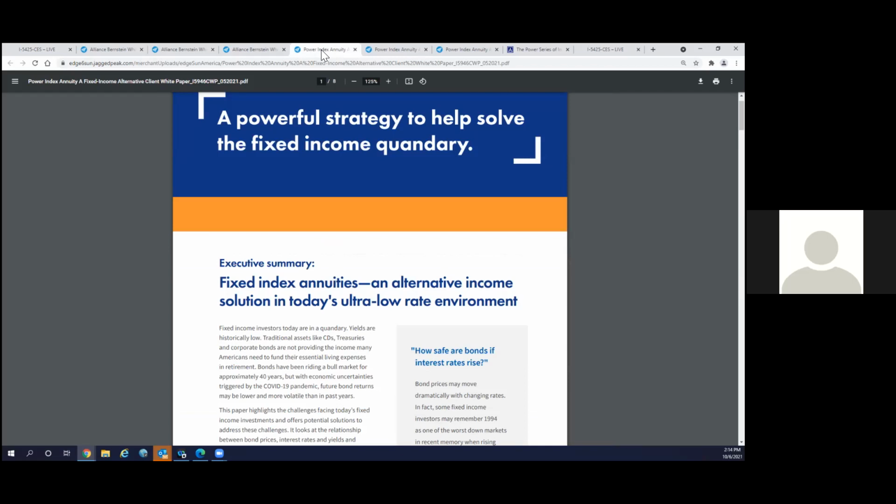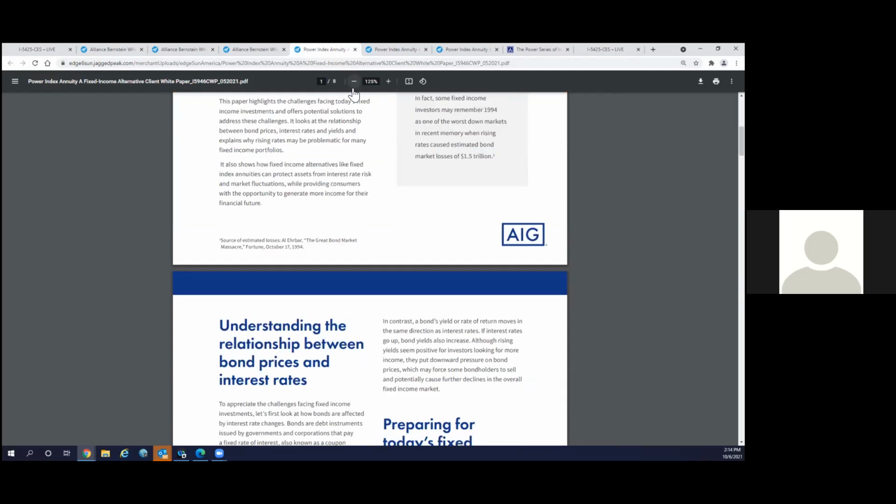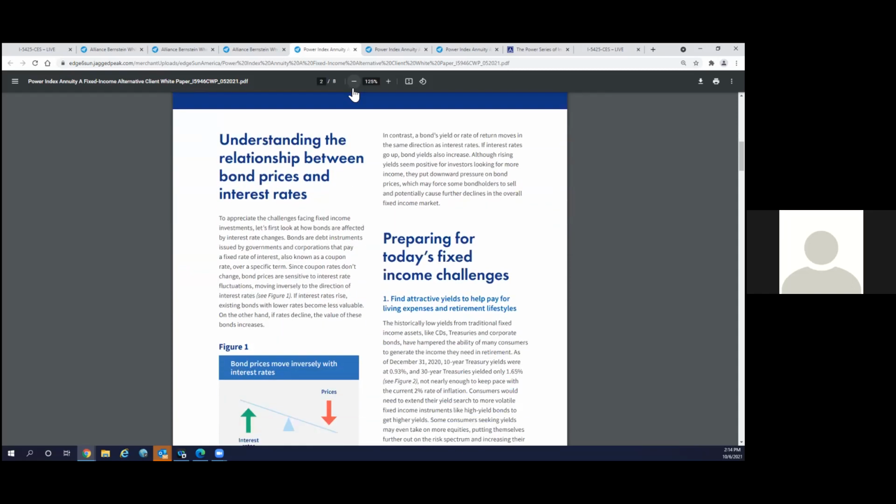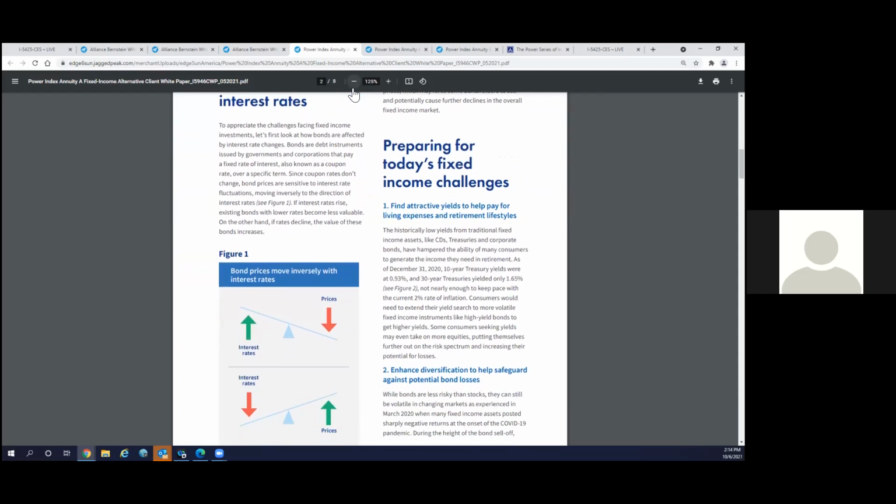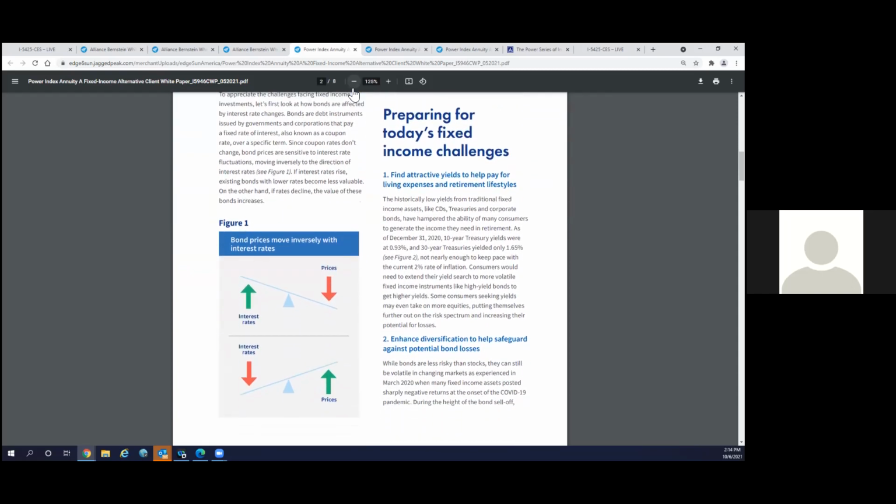Basically, this is more in layman's terms, to give a client a better understanding of the relationship between bond prices and interest rates and how to prepare themselves for today's fixed income challenges.